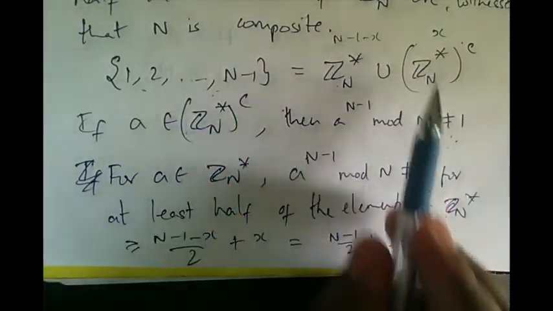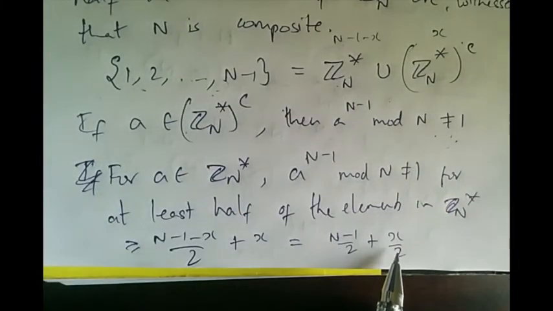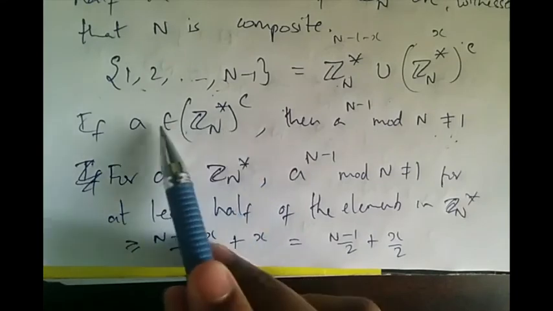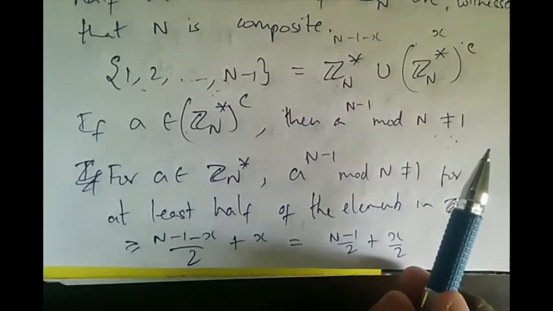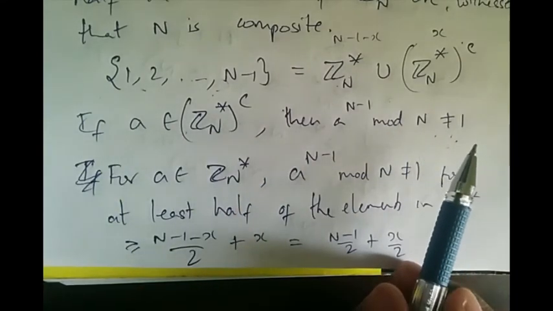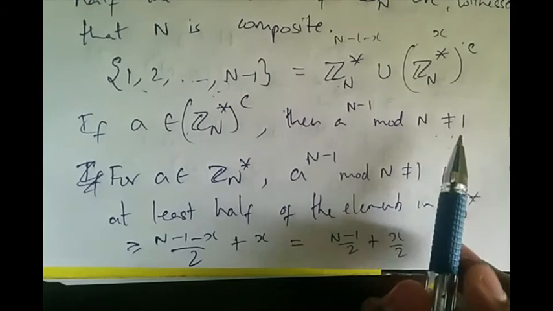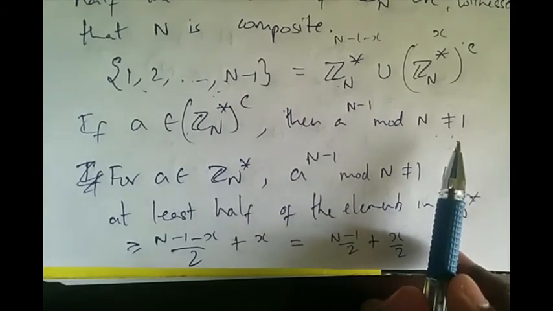And even if x is 0, this is at least n minus 1 by 2. So if I randomly choose from here, with probability at least half, I'll find an a such that this inequality holds. So that means that if I choose 100 times, then the probability that the inequality does not hold will be 1 over 2 raised to 100, which is a very small probability.